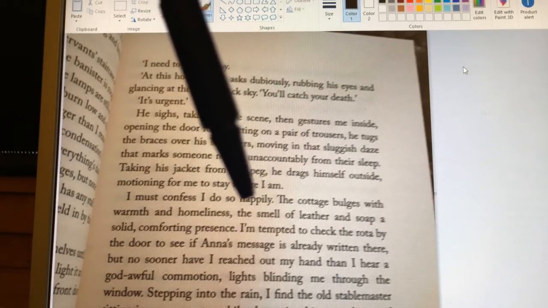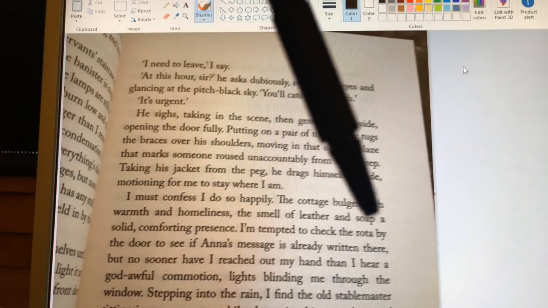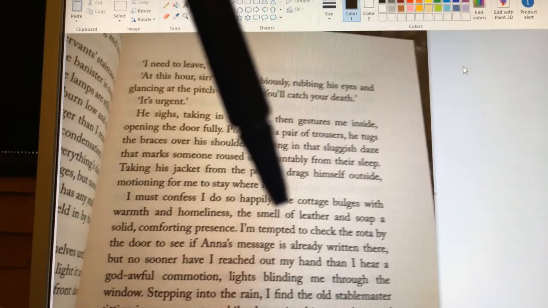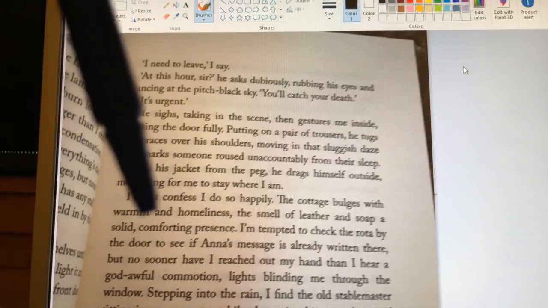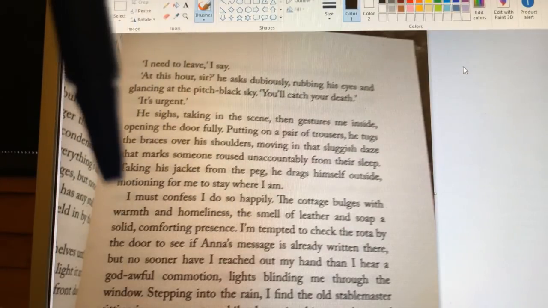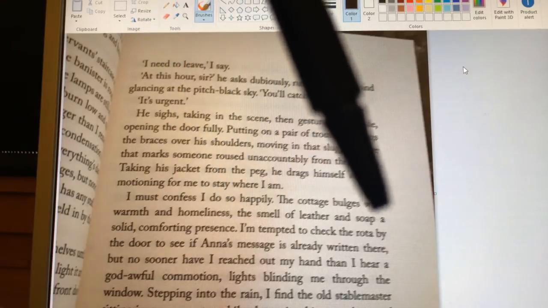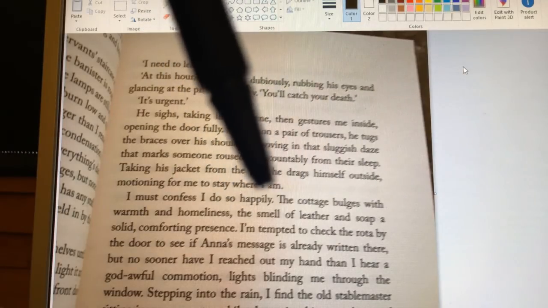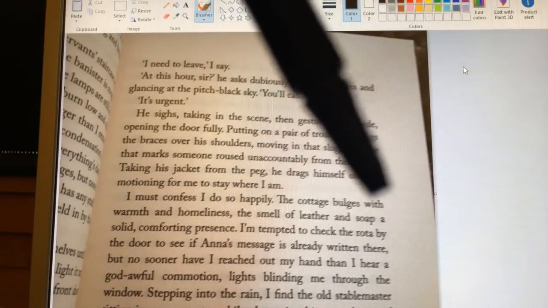But really, this is an absolute phrase, or in my opinion it is, because you start with a noun phrase and then you identify that first noun phrase with another noun phrase, a solid, comforting presence. A solid, comforting presence is identifying the smell of leather and soap. It's defining it, really. You could consider this an appositive as well, because you've got two noun phrases together.